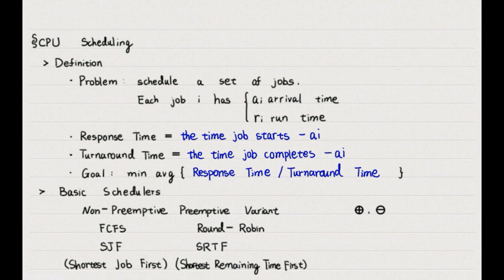In the next few slides, we will discuss two basic schedulers and their preemptive variants. First come first serve runs jobs in arrival time order. It is simple to implement and avoids starvation. The drawback of it is that it is not efficient.